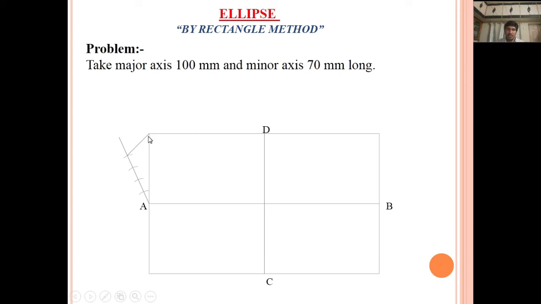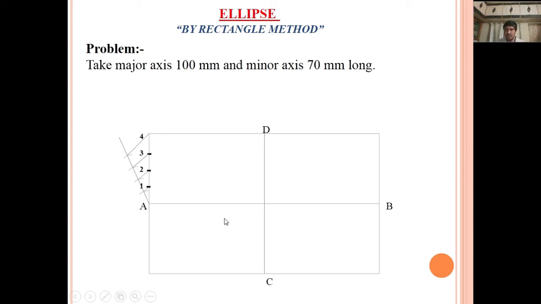Now with the use of this inclined line, means this last point and this end point, the connected two end point line, with the use of this line we can draw parallel lines through all these points like this, and we get all the required points 1, 2, 3 and 4.